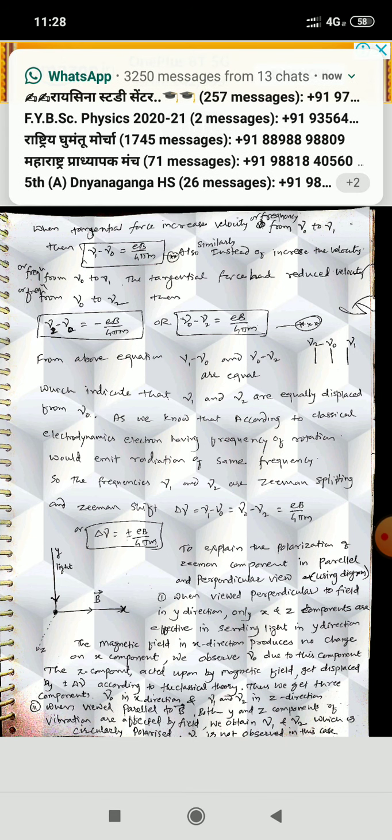Similarly, when the velocity decreases from nu naught to nu 2, we get a similar equation: nu 2 minus nu naught equals minus eB upon 4 pi m, or nu naught minus nu 2 equals eB upon 4 pi m. So hence we can prove the Zeeman shift, the separation between two successive frequencies, equals eB upon 4 pi m.